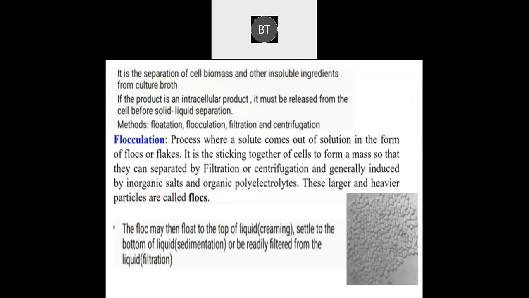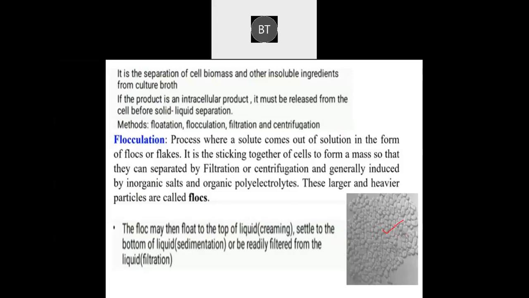So the first procedure we are going to look into is the flocculation. The picture you're seeing here is the flocculation of a yeast sample. In flocculation, the cells or the cell debris form large aggregates to settle down for easy removal.